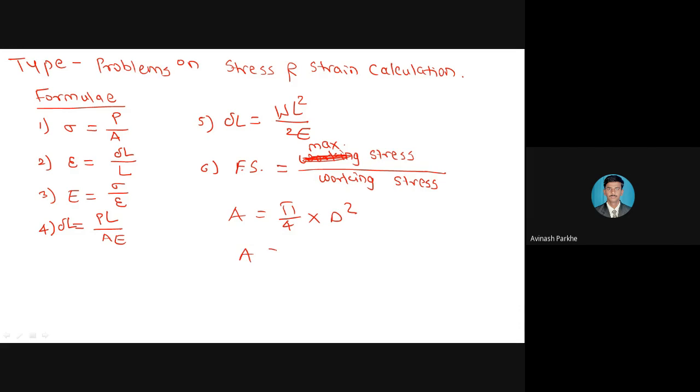For the rectangular or square cross section, area is equal to L into B. So these are the common formulas which we can remember very easily.